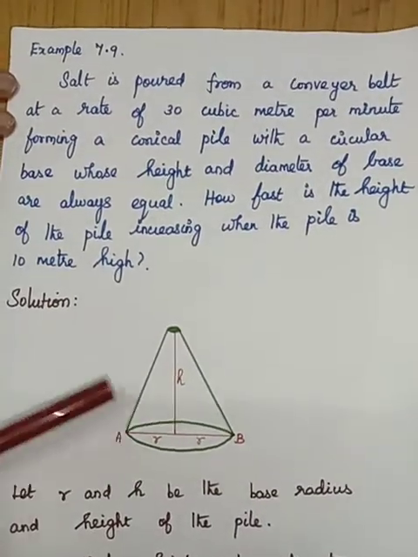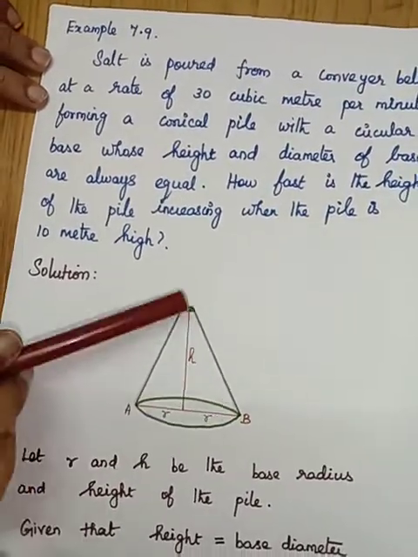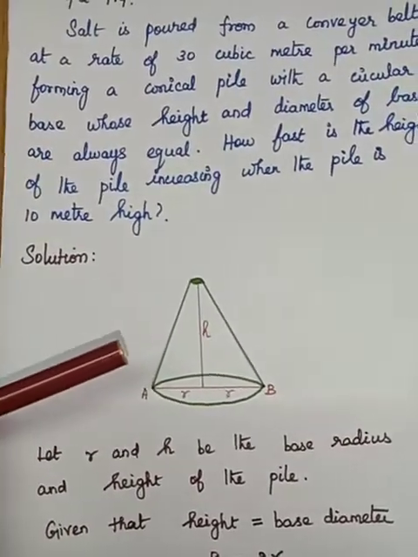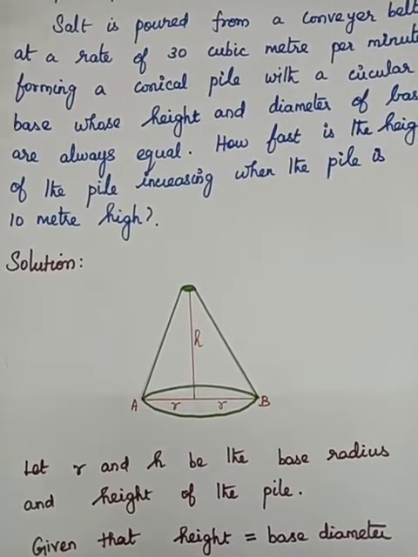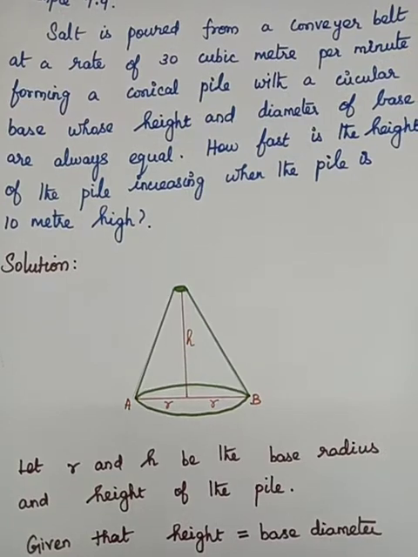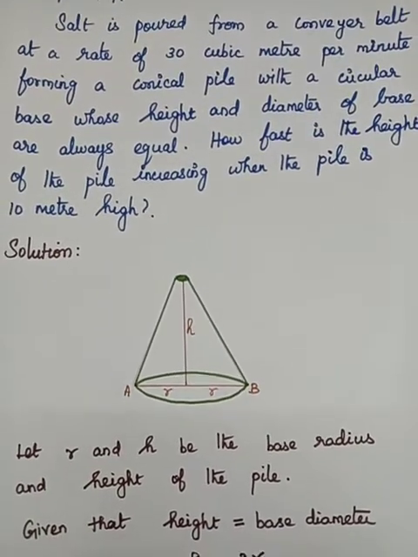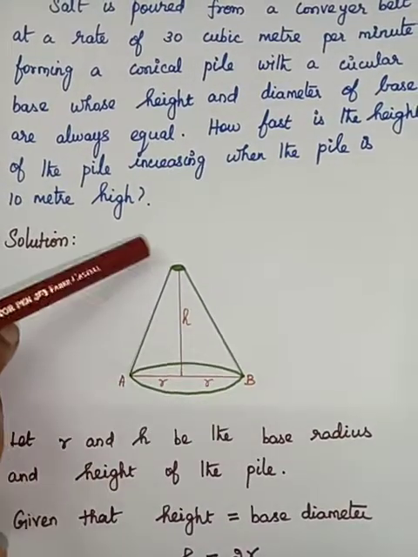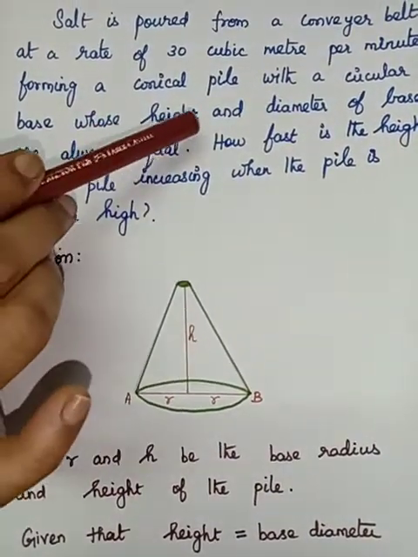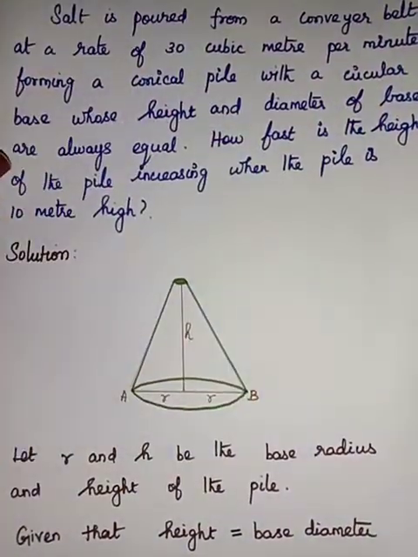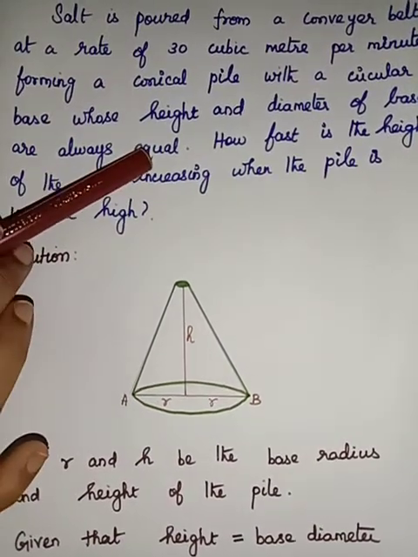The salt is poured and it forms a pile. The pile is nothing but the heap of things laid. In Tamil we can say it is kuviyal. So it is in the form of a cone, whose height and the diameter of the base are always equal.